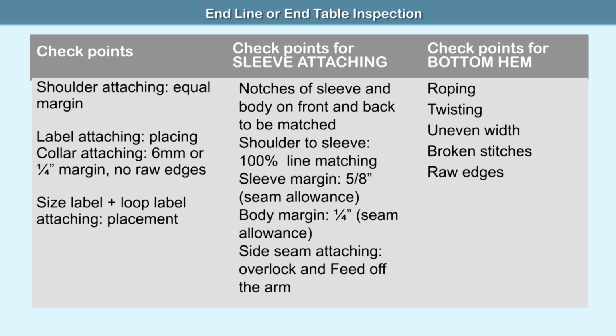Checkpoints: shoulder attaching, equal margin, label attaching, placement, collar attaching, 6 mm or 1/4 inch margin, no raw edges. Size label plus loop label attaching, placement.